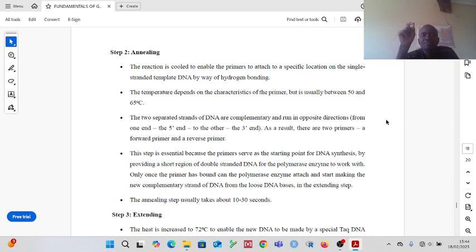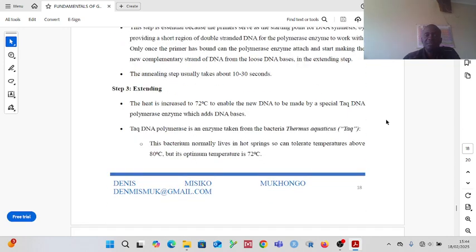After the annealing, after the primers have attached to the two DNA single strands, the Taq polymerase comes in and begins the elongation, adding the DNA bases.